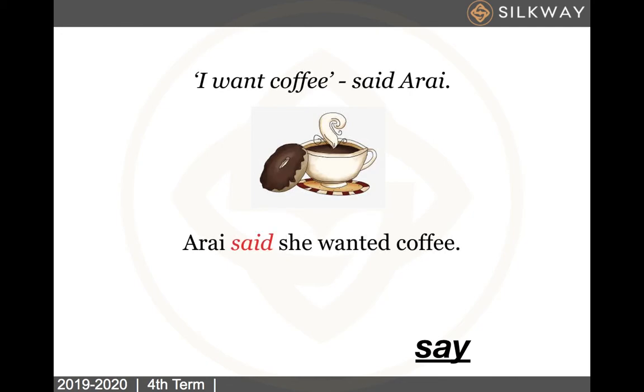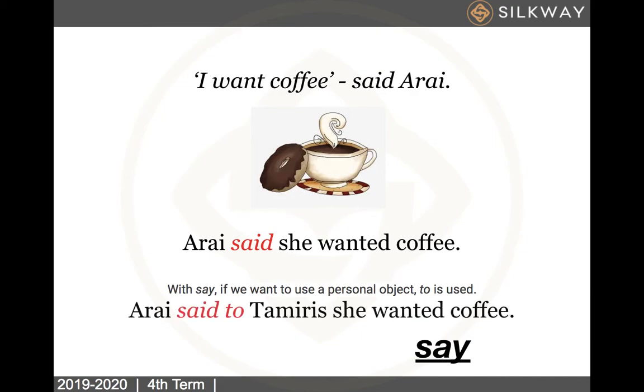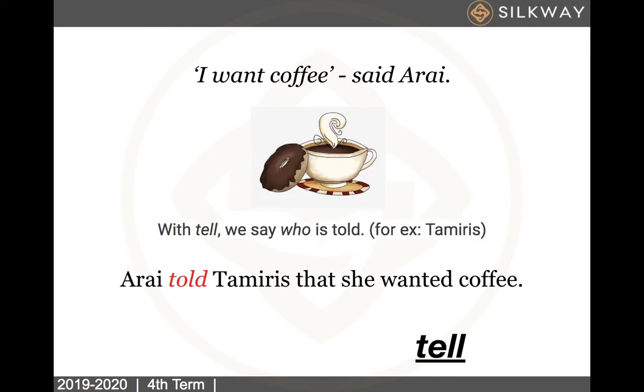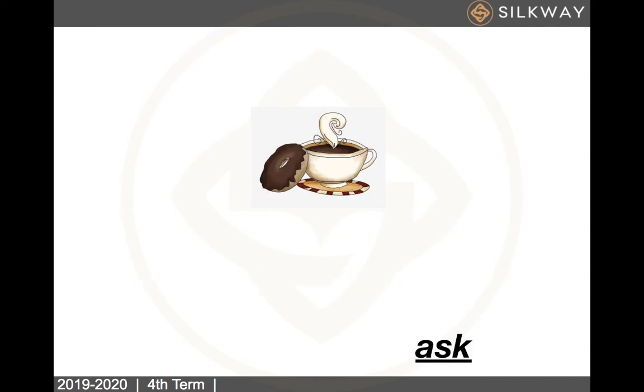Aray said she wanted coffee. If we want to use a personal object, we use to. Aray said to Tamiris, if we want to say to whom we are speaking. Aray said to Tamiris she wanted coffee. With tell, "We want coffee," said Aray. With tell, we say who is told. Okay? Aray told Tamiris, no to here. Aray told Tamiris that she wanted coffee.